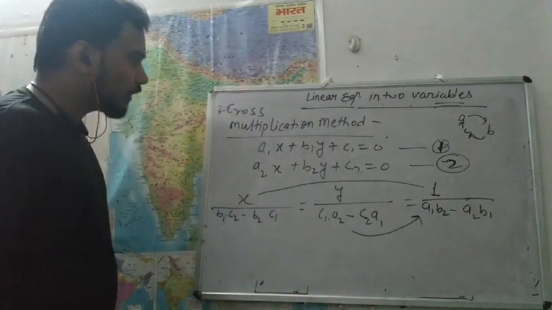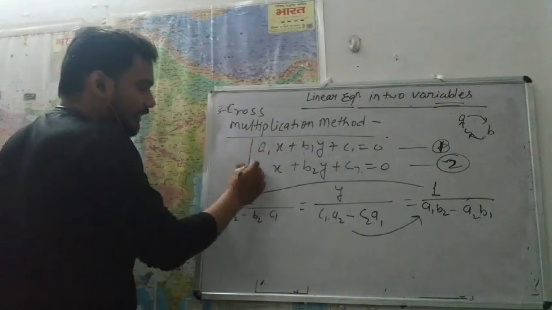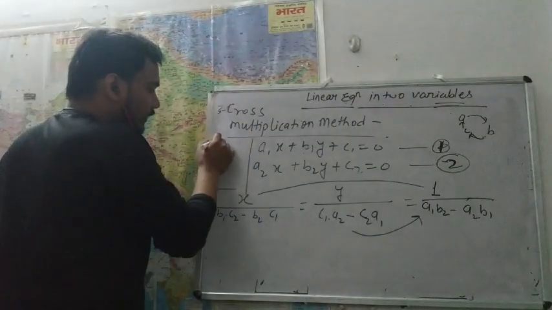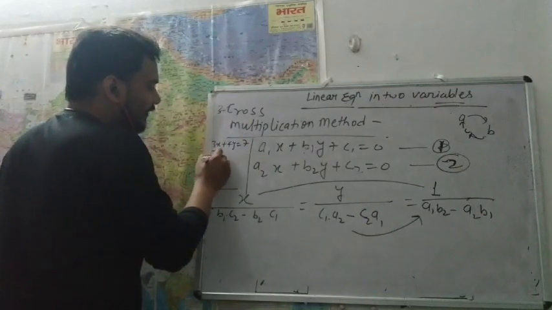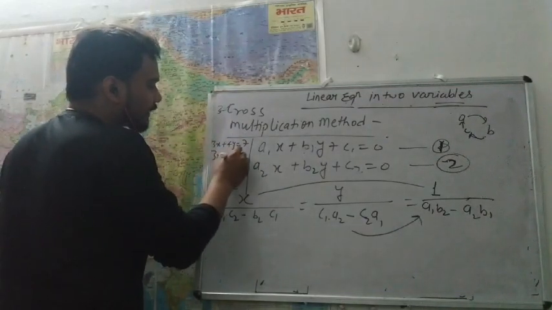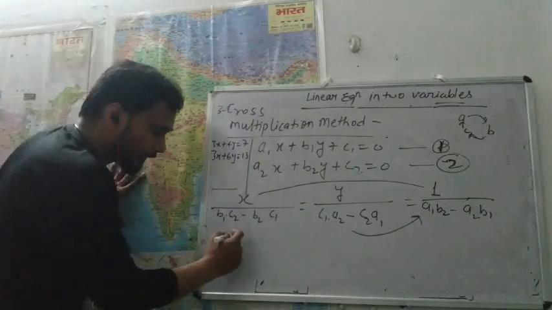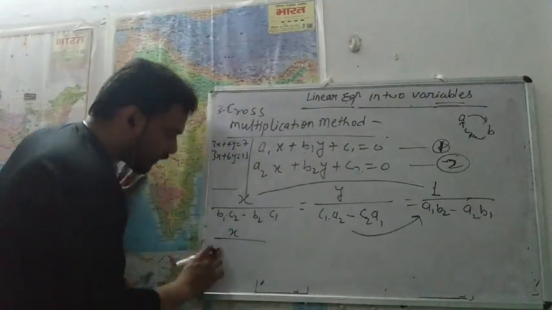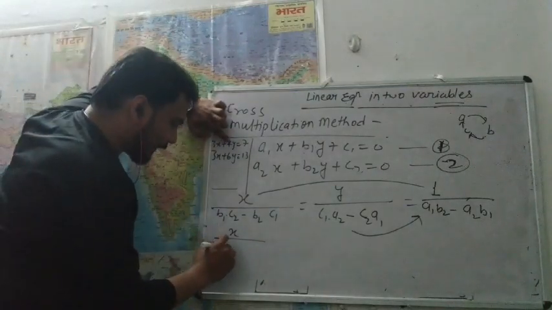Okay, so if I take the same question as previously discussed, that was 3x plus 4y is equal to 7, and 3x plus 6y is equal to 13. So what do we have? We have x upon b1 c2. This is b1, that is 4, multiplied by c2.